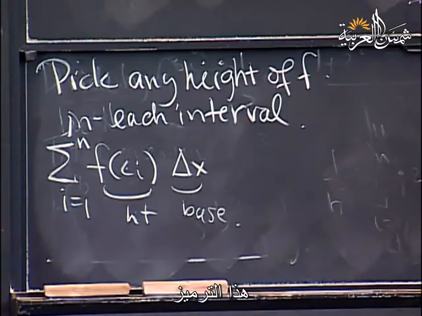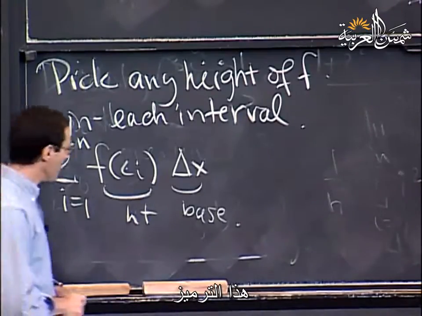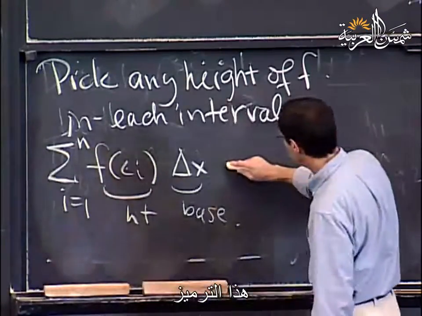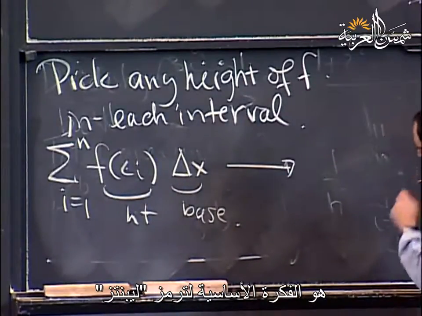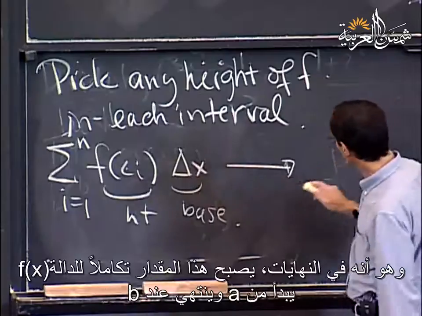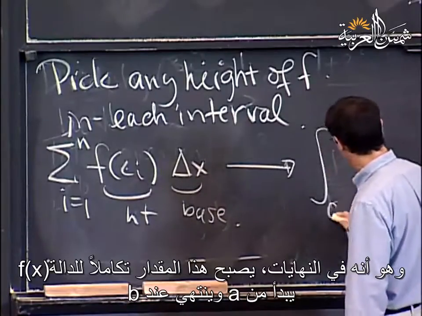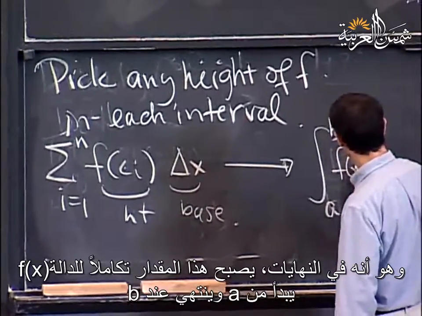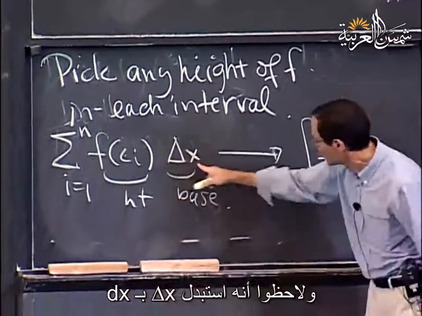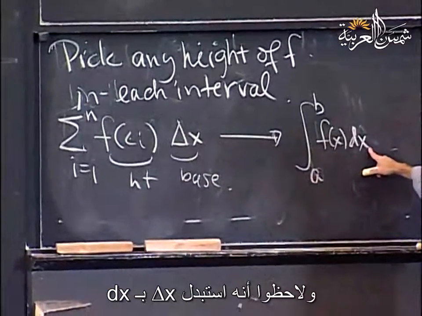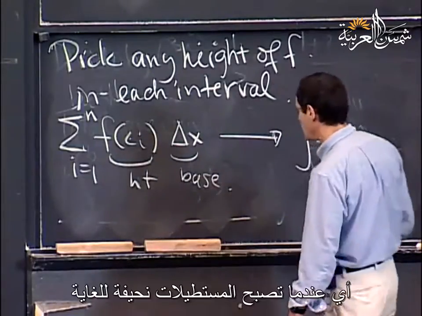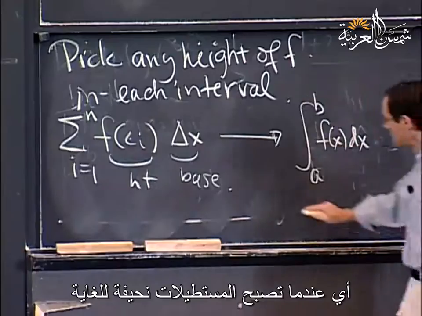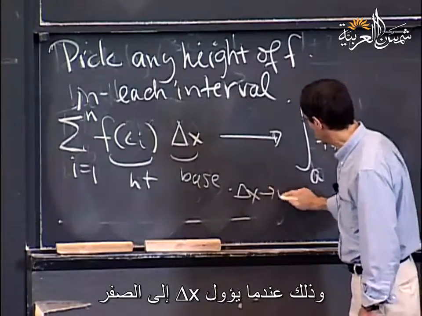This notation is supposed to be now very suggestive of the notation that Leibniz used, which is that in the limit, this becomes an integral from a to b of f of x dx. And notice that the delta x gets replaced by a dx. So this is what happens in the limit as the rectangles get thin, so that's as delta x goes to 0.